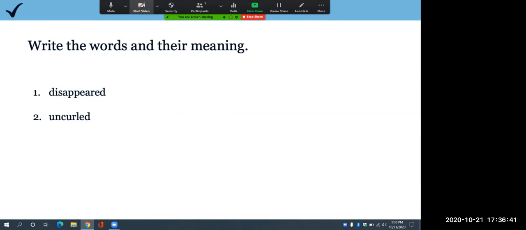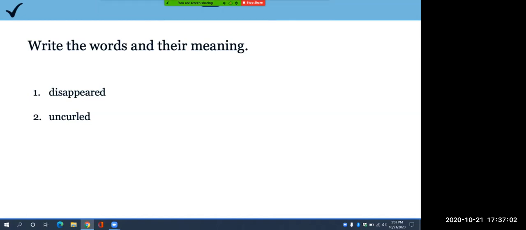Pause here to write these two words in your journal. First, write the word disappeared, count down 6 lines, and then write the word uncurled. Just hit play when your journal is all ready with these two words, and then we'll get started.